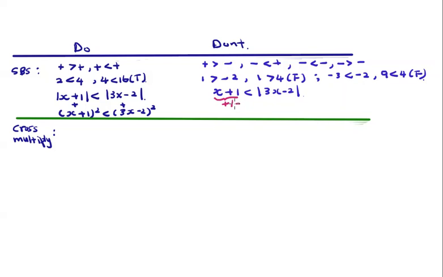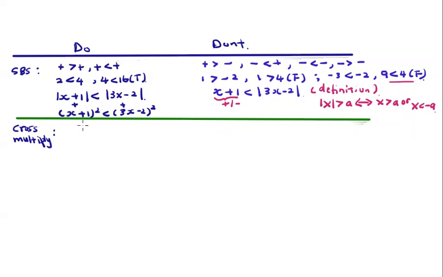Therefore, we do not square both sides, to avoid this false statement. In this case, you have to use the basic definition. Like modulus x greater than a is equivalent to x greater than a or x less than negative a.